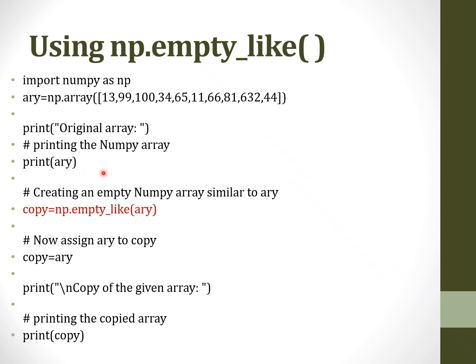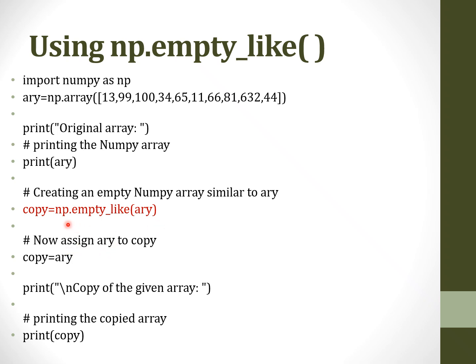The second step is creating an empty numpy array similar to ary, using the function we defined in the previous slide. The syntax goes like this: copy = np.empty_like(ary).